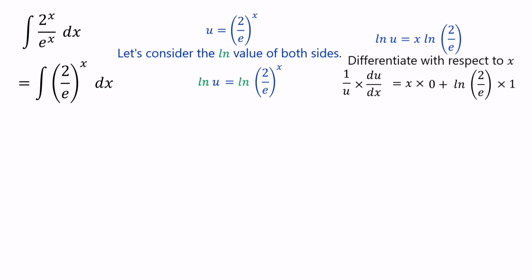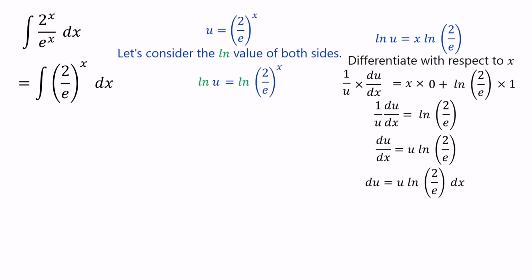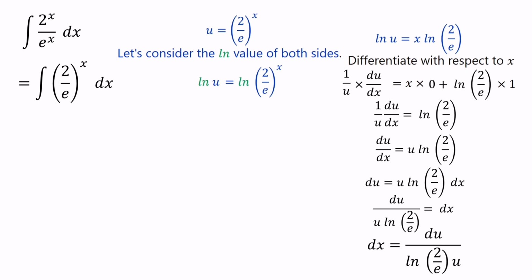After that, we have 1 over u du over dx equals ln (2 over e). We can cross multiply the denominator u, and after that we can cross multiply the denominator dx. We can make dx the subject: dx equals du over (ln (2 over e) times u).